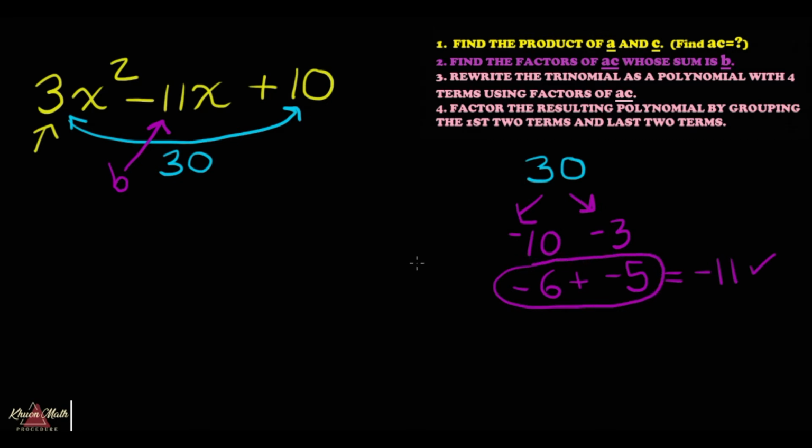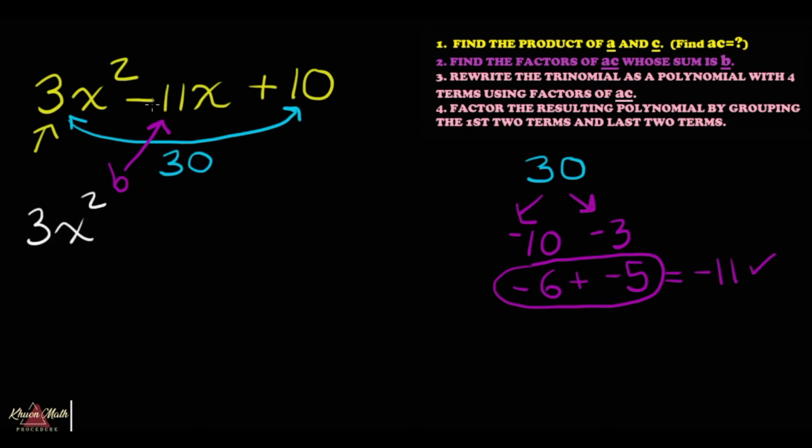Now, step 3 is to rewrite the trinomial as a polynomial with 4 terms using factors of ac. So what we have to do here is rewrite this polynomial. You have 3 terms, and we're going to change it to 4 terms. So we're going to keep the 3x squared.